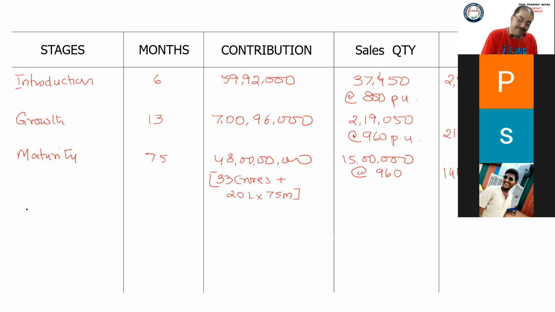Decline stage, 9 months. Total contribution we have got 2,92,000. Take the figures in the bracket: 15,030, 16,060, 15,020.